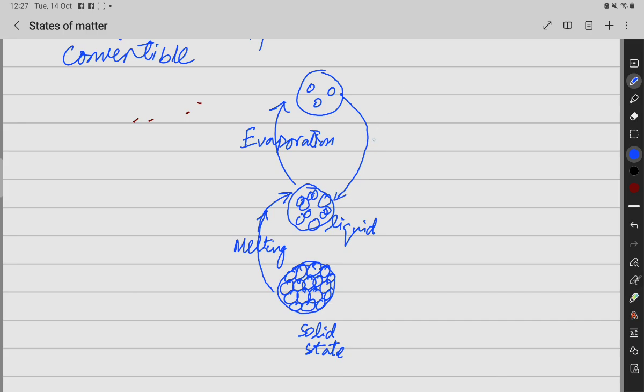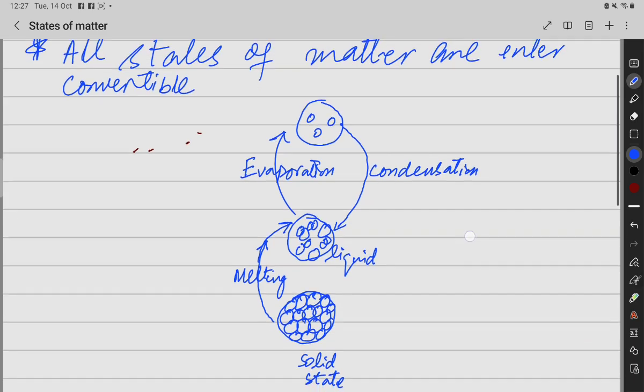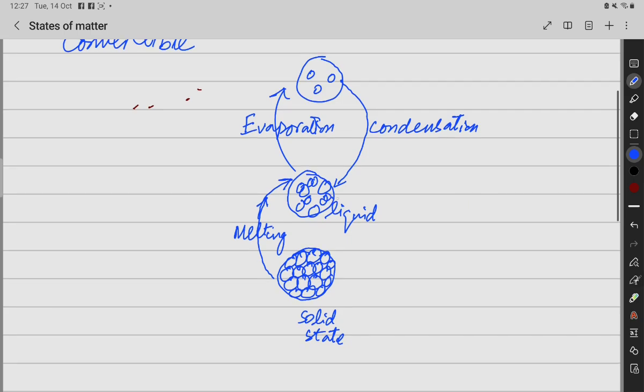And this is known as condensation. And when particles lose heat and change into solid, this is freezing.